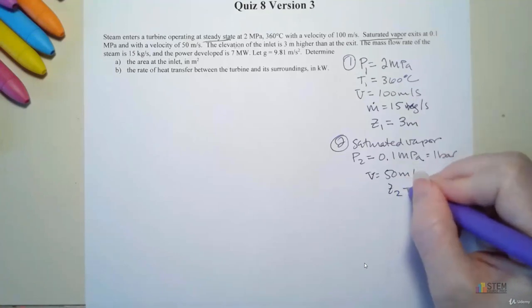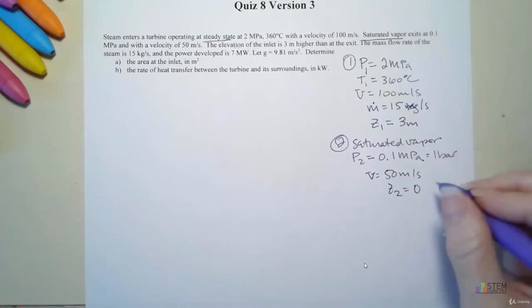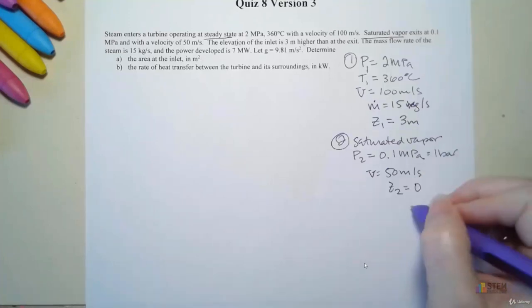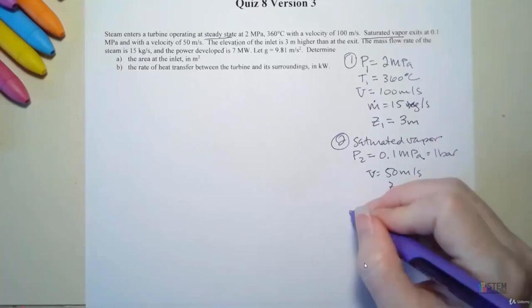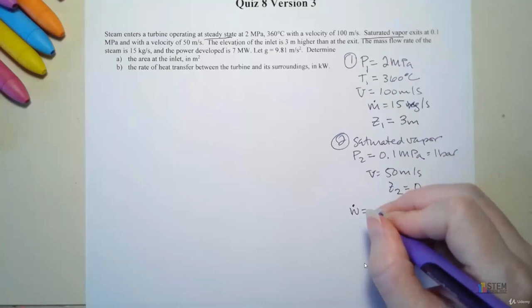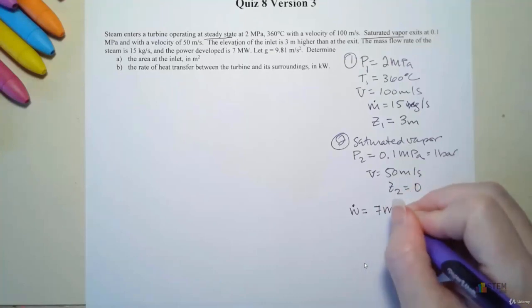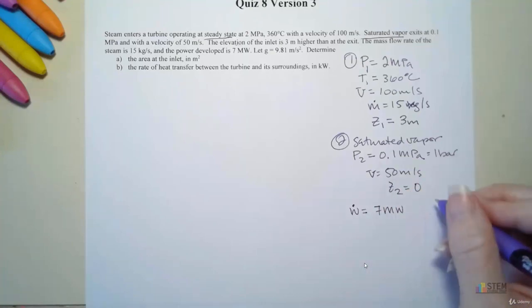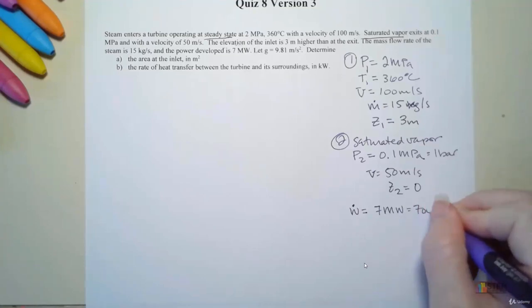And we're going to say this elevation is 0, because I'm going to make the exit the reference line where I measure the elevation from. All right, and we also know our power developed, which doesn't matter which one of these you put it at. Power developed, remember, is W dot, is going to be 7 megawatts. It's going to be positive because we're developing power, not requiring power. So 7 megawatts is equivalent to 7,000 kilowatts.